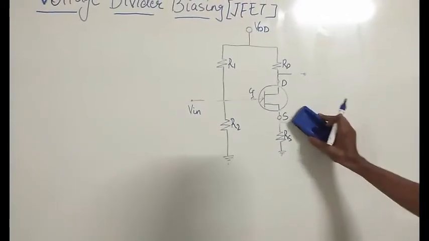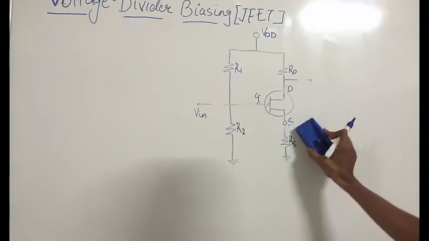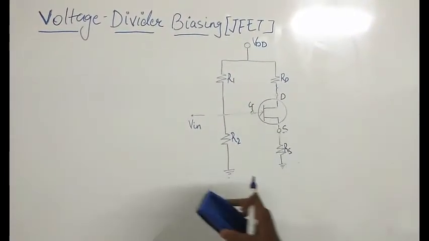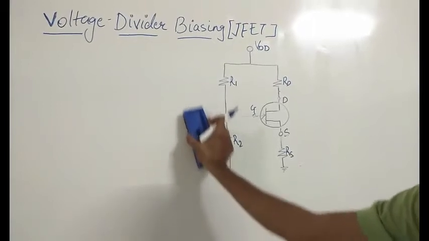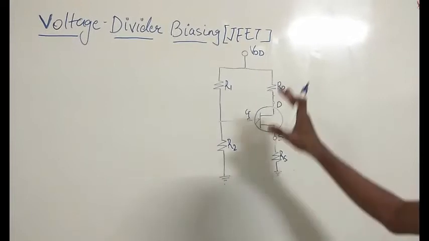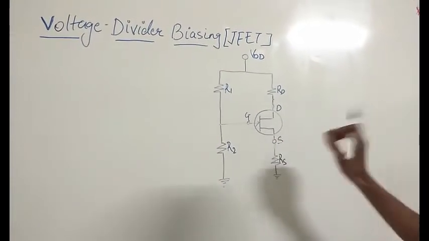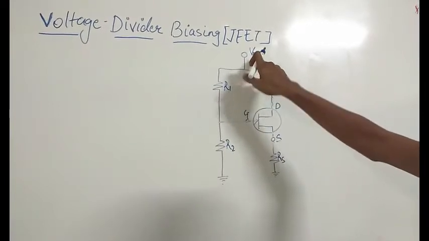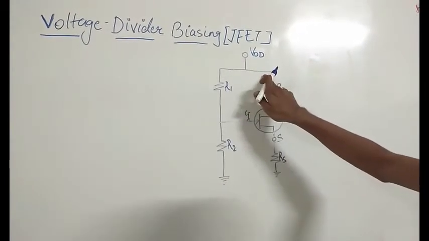We don't need to show these terminals, we can remove them. Now the circuit looks like this. Here you can see this is the VDD which was given to both of these terminals.